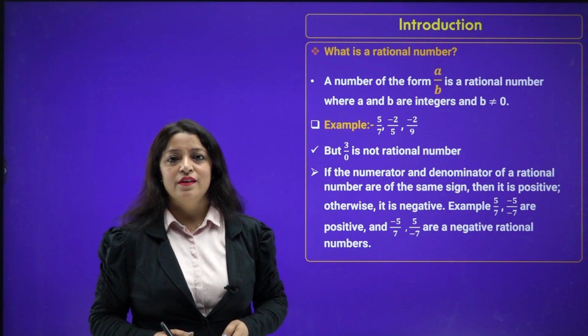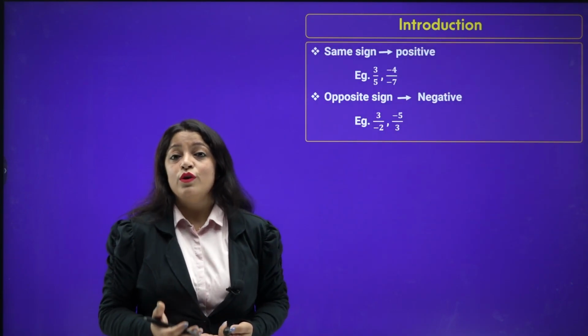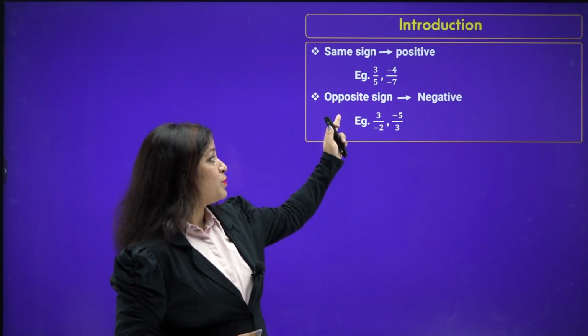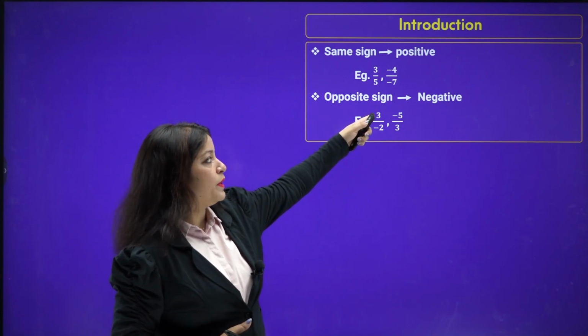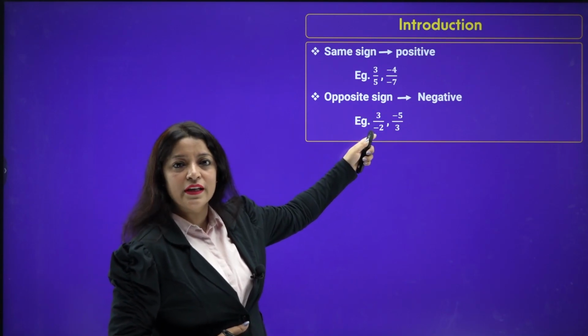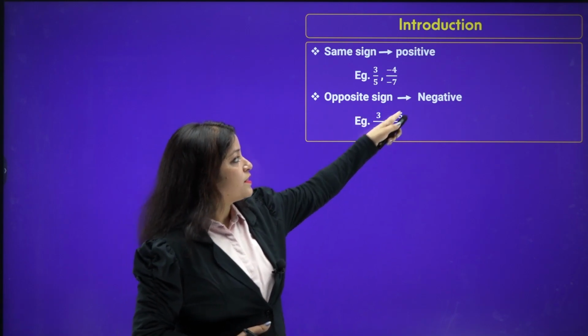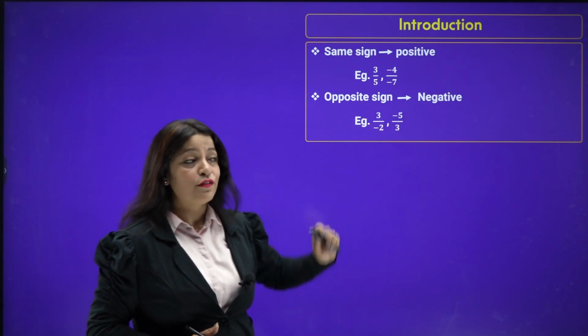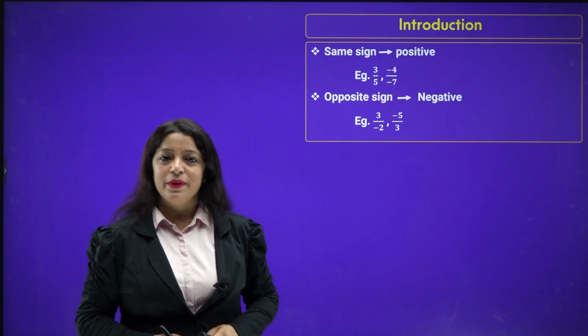So we come to a conclusion here that if they are of the same sign, the overall sign is positive, and if they are of opposite sign, then the overall sign will be negative. For example, numerator positive and denominator negative, or numerator negative and denominator positive, in both cases the overall sign will be negative. If they both are of the same sign, the overall sign of the rational number will be positive.